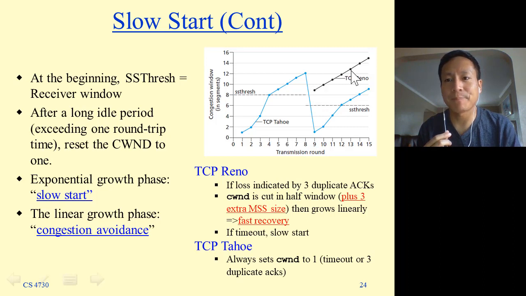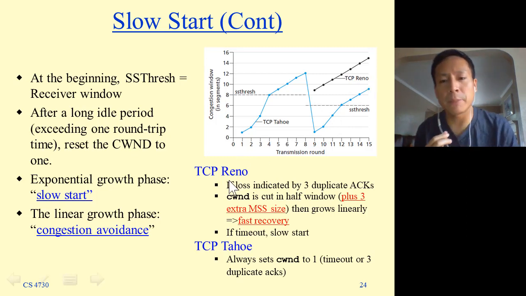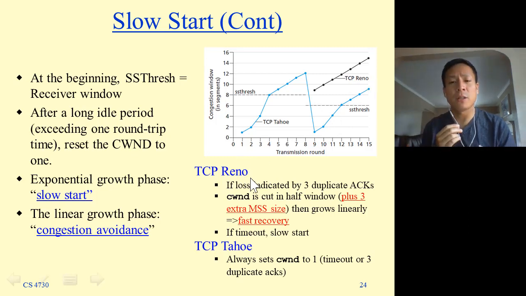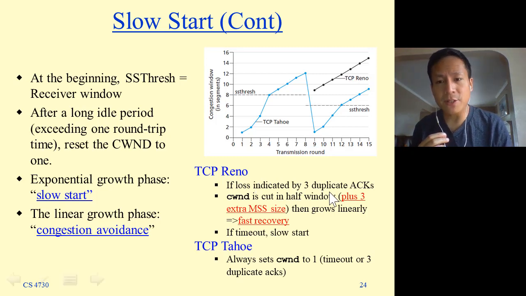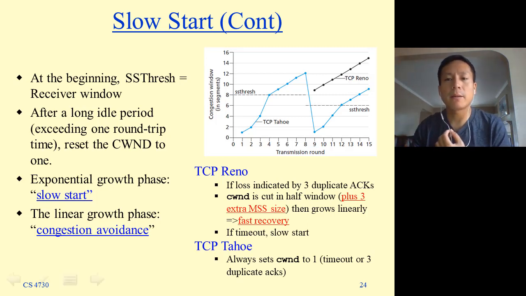We reduce less, right? But if it's a timeout, both TCP Reno and TCP Tahoe go back to 1 and start from 1 again. So you can see TCP Reno is a little bit more aggressive in handling these retransmission cases. If one packet is lost, and you receive multiple duplicate ACKs, you are a little bit more aggressive, just to try to improve the transmission efficiency. Okay, make sense?